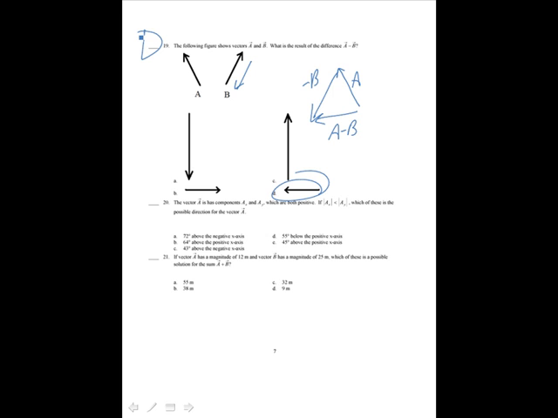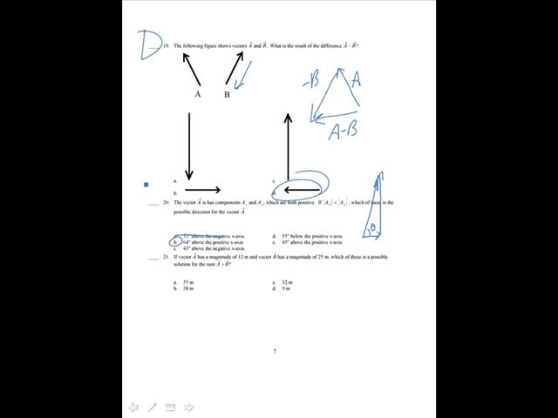The vector A has components AX and AY. If AX is less than AY, which of these is the possible direction for vector A? I like to draw a picture. This is AX. AX is less than AY. So this is AY. And I want to know what is true about this angle. Can it be 72 degrees above the negative x-axis? No, it has to be above the positive x.